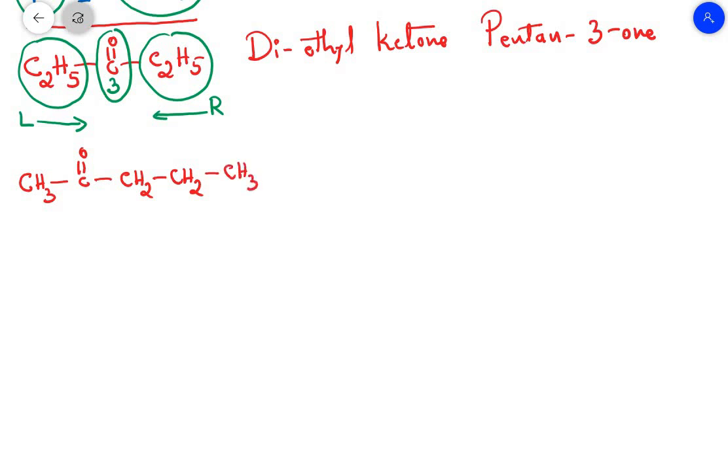Now we have to number in such a way that this carbonyl group gets the lowest possible number, that is from left hand side. So first carbon, this becomes second carbon, third carbon, fourth carbon, and this is fifth carbon. So the root word becomes pent, but at the second position we are having the carbonyl group, so the IUPAC name of this compound is pentan 2 one.